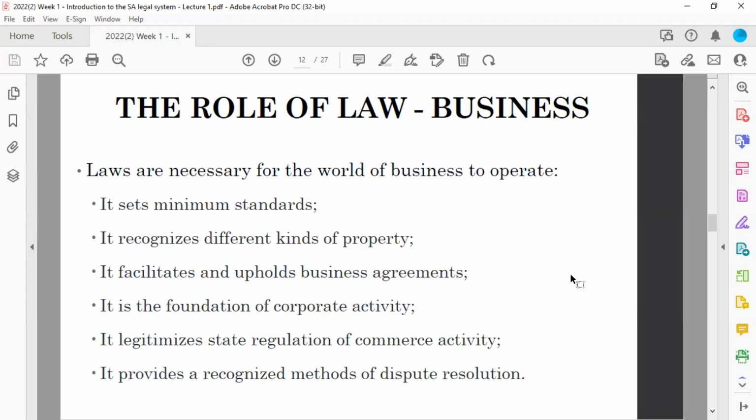Secondly, movable assets. These are assets which you can touch and move around: your car, your phone, your tablet, your laptop. And thirdly, assets which you cannot see or touch, but you know they are there. We call those immaterial assets.